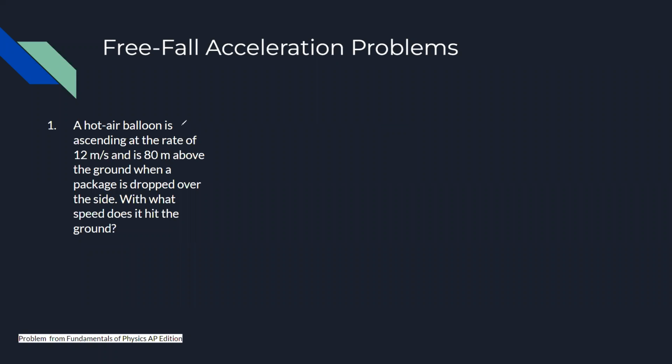A hot air balloon is ascending at the rate of 12 meters per second. So we can determine that v initial is 12 meters per second. And it is 80 meters above the ground. So x initial is 80 meters, x final is 0.